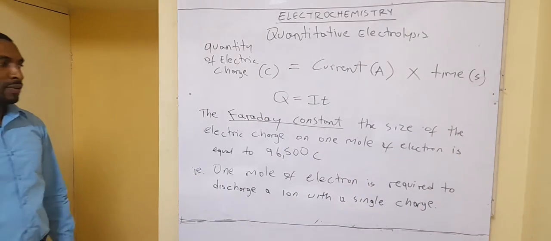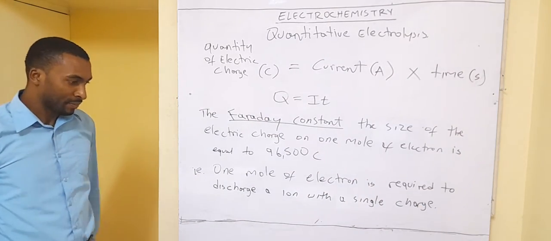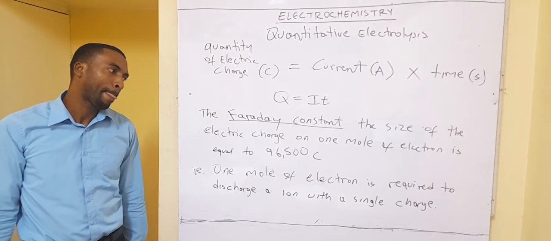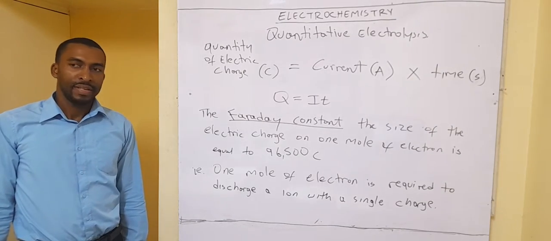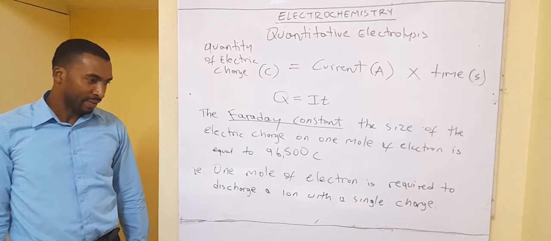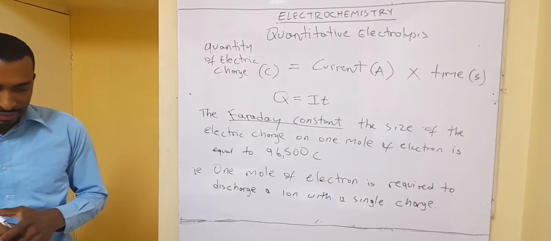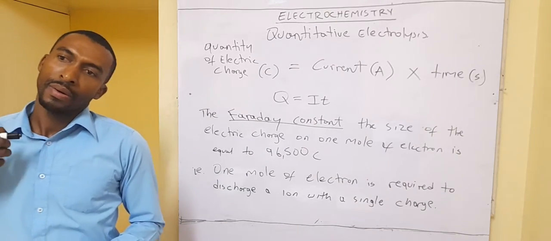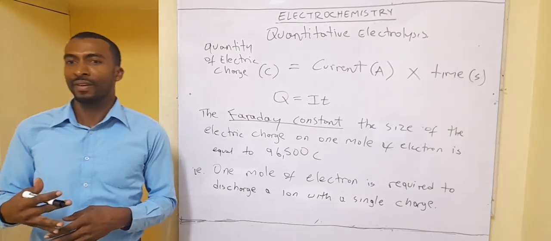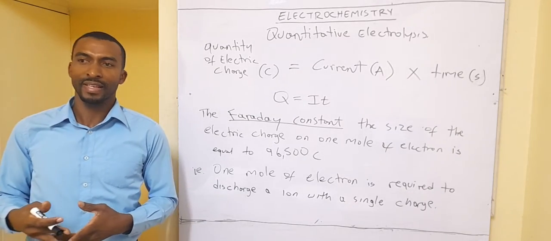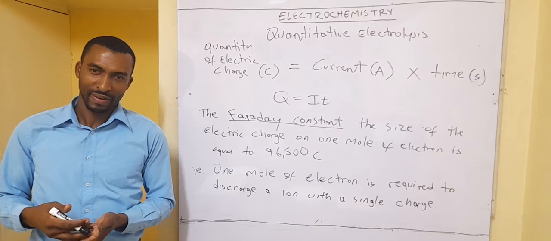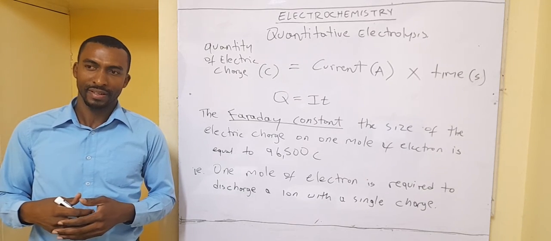So in the reactions that we were doing earlier, for example, to discharge say 1 mole of hydrogen gas, you would see that 2 moles of electrons would be required if you check back those equations. Alright?